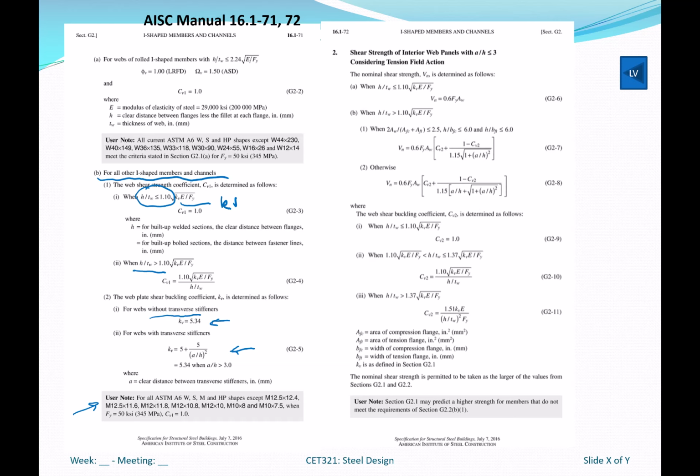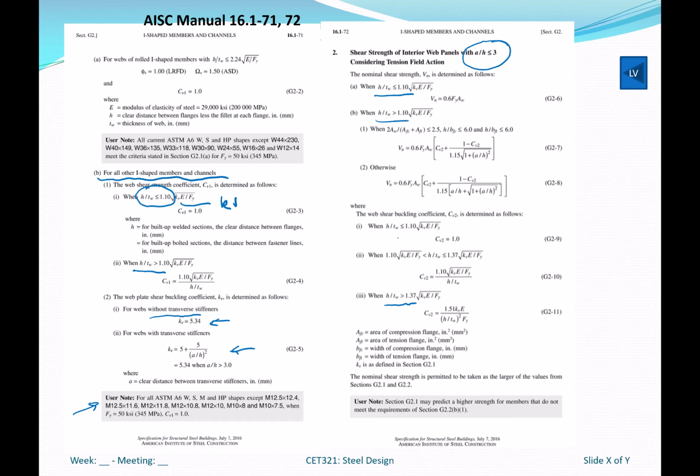Okay, and then it even gets a little more complicated when your clear a to h value is less than 3. Okay, so again, we're going to see h over t as a function of the 1.1, less than, greater than, and then even greater than 1.37.